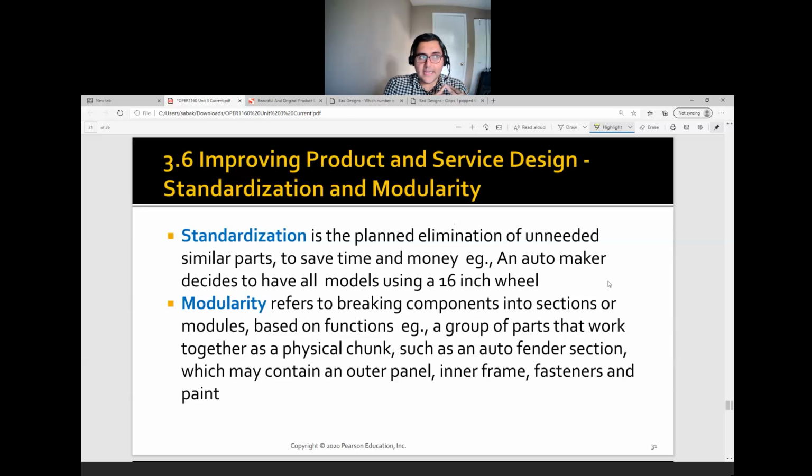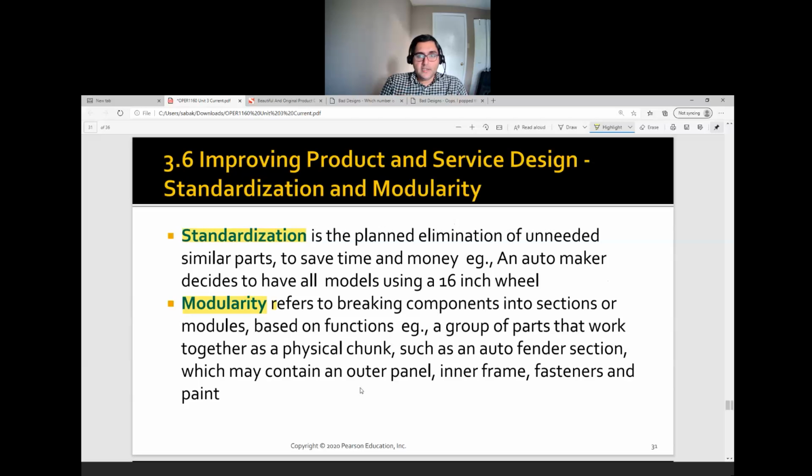Now, the next keyword. I'm pretty sure that the first set of keywords which we have seen is sequential development and concurrent engineering. The second set of keywords which we have just now seen is gray box design and black box design. The third thing which is very important is the concept of standardization and modularity. So think of an example. Standardization is almost always something you will be seeing everywhere.